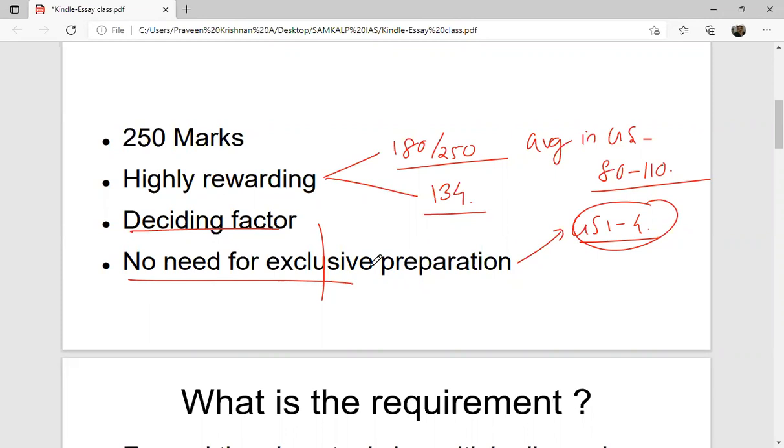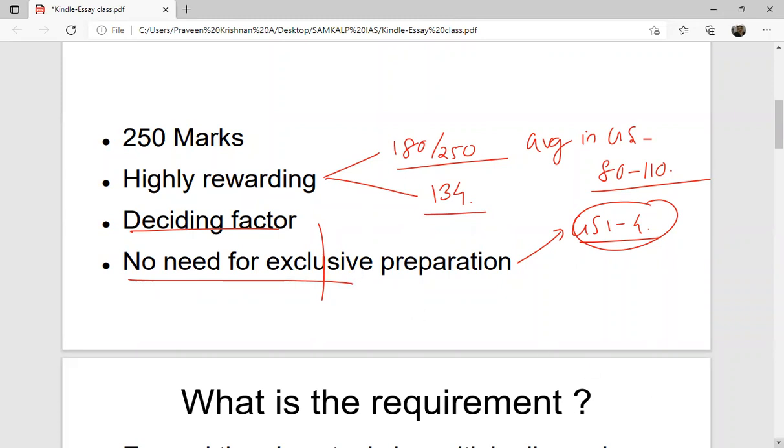What is the difference in writing an answer? Obviously, first of all, in GS 1, 2, 3, and 4 papers, there will be 20 questions. In GS 4, there are more than 19 questions. And each one carries 20, 15, or 10 marks.